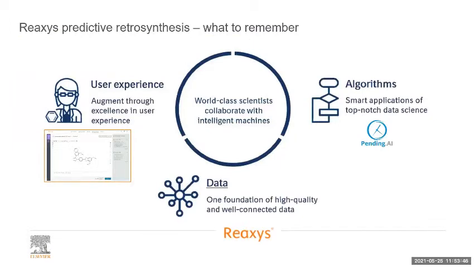Hopefully, I have been able to illustrate that you require 3 key ingredients for making such AI tools to be used successfully by scientists. You obviously need top-notch data science, so the neural network coupled with Monte Carlo tree search that Mark has developed. You combine that with really high quality data, because artificial intelligence without data is just artificial.